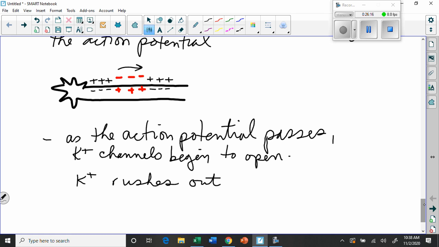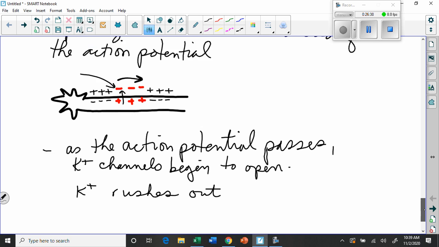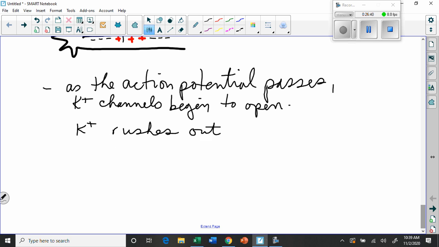So I'm looking right here at this point. Once this action potential moves down here like a domino, here the potassium channels open and cause positive potassium to start moving out towards the negative, which flips it back, right? The positive charge goes out and replaces it. So what you have is potassium rushes out and repolarizes the membrane.